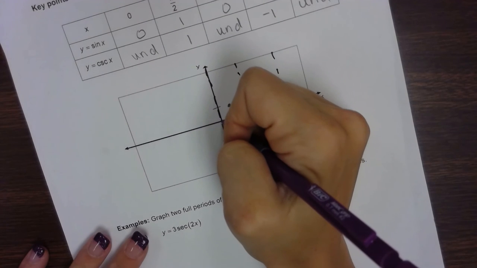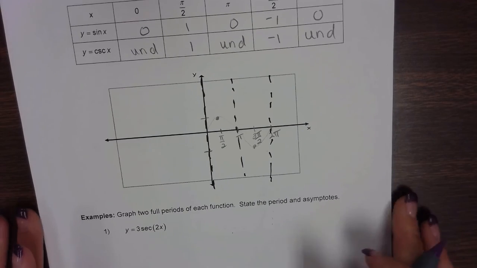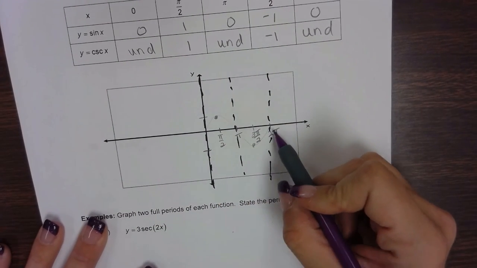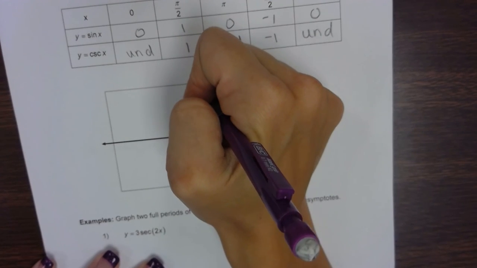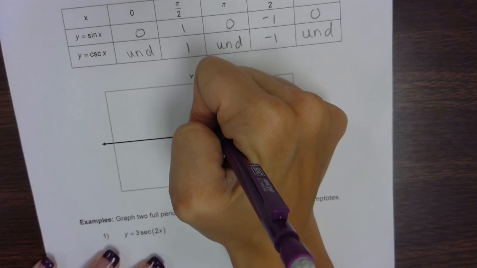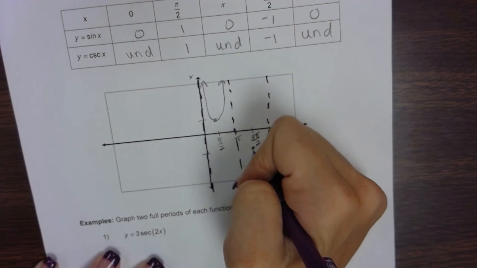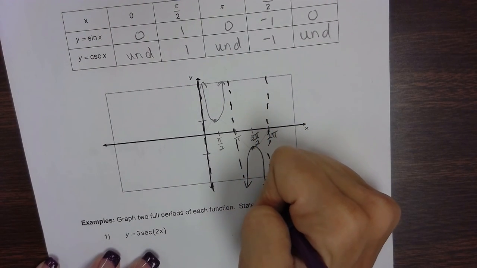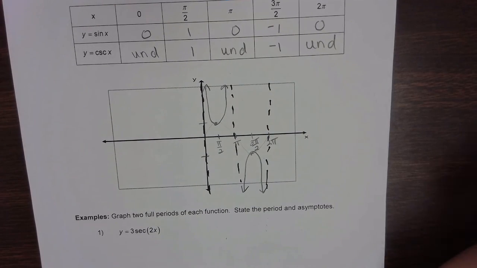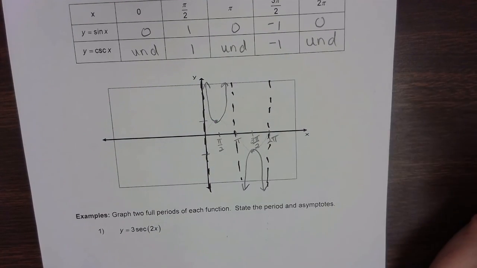This looks like our sine graph, right? But since we have our asymptotes and we are doing cosecant, we have our flips. So this is the full period. As you can see with cosecant, we start with an asymptote.